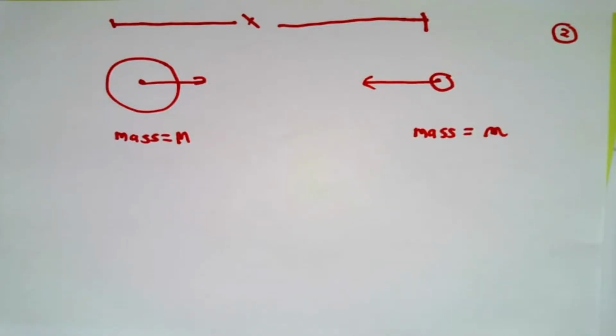Newton's law of gravitation says that the gravitational force exerted on one object by another is proportional to the product of their masses and inversely proportional to the square of the distance between them. Calling the masses large M and little m, and the distance between the centers of the objects x, this says that there must be a constant g so that the force is this constant g times the product of the two masses divided by the square of the distance between them.